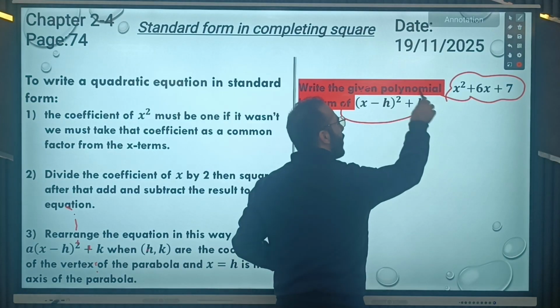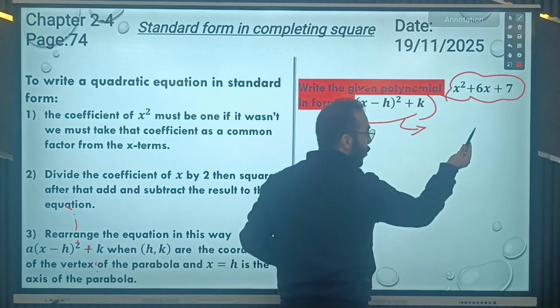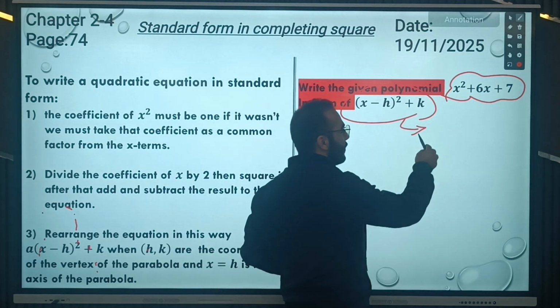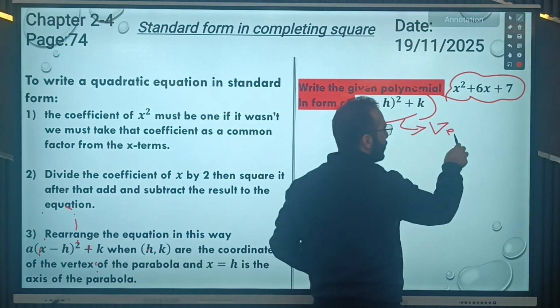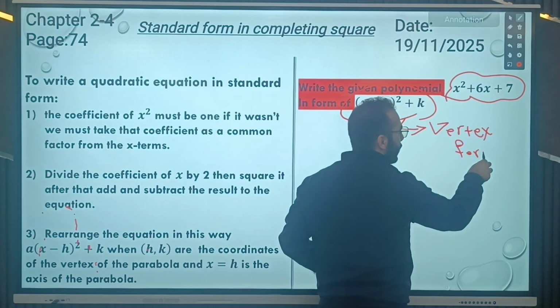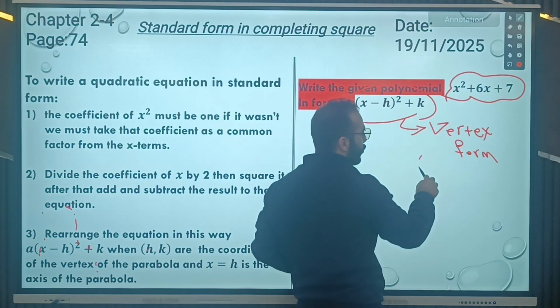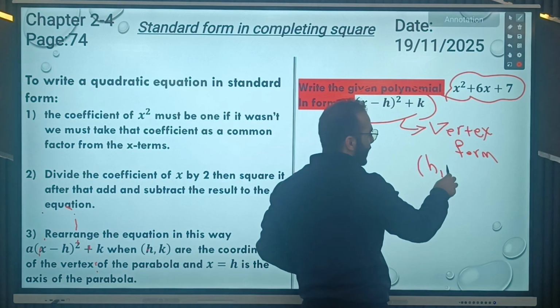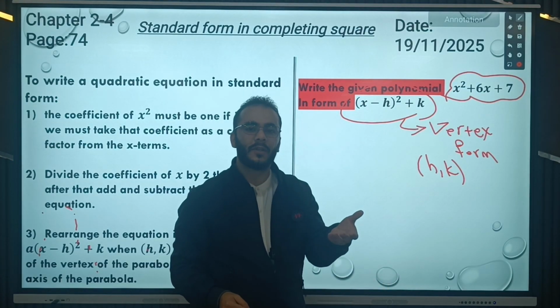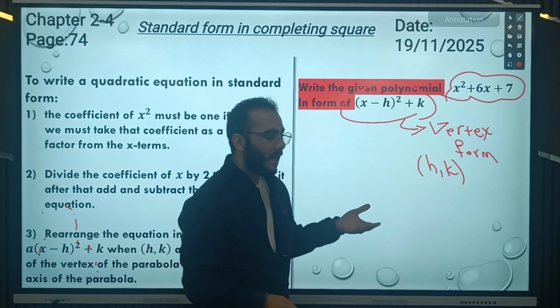So what do we call this one? It's called standard form, or as I already taught my students in class, we can call this form vertex form. Why vertex form? Because the coordinates h and k give us the coordinates of the vertex of our quadratic equation.